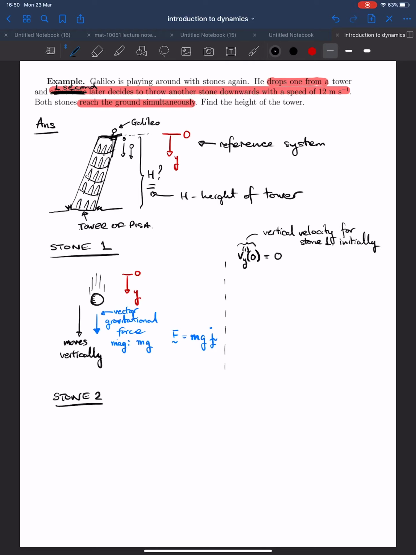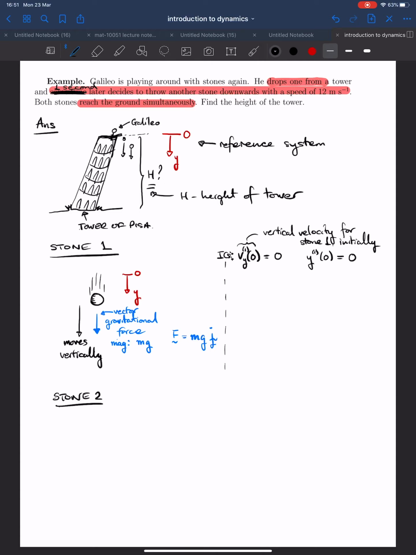In addition, remember the start of our reference system coincides with where Galileo drops the stone. So the displacement y1 of 0, 1 being stone 1, is 0. And of course we have this simply because this is where the stones drop from. So these are your initial conditions.